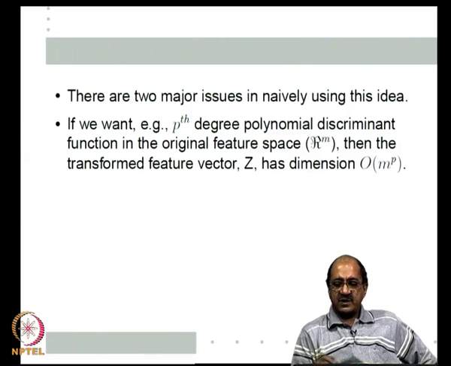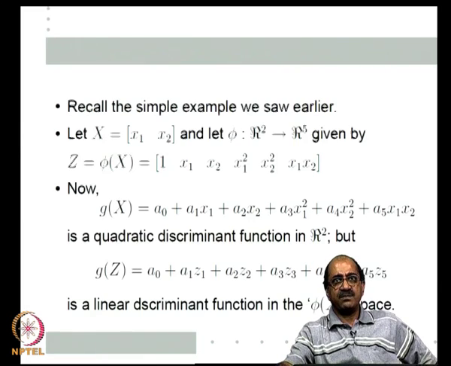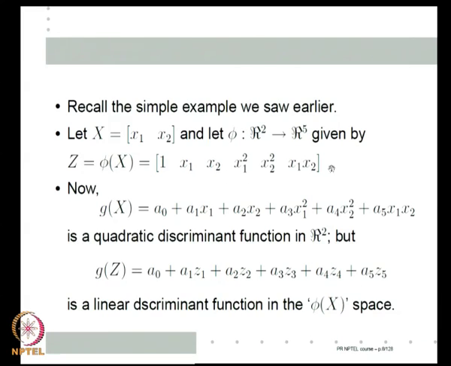What is the problem? As we can see from the previous example, when I wanted quadratic, I need all quadratic terms in the components of z, right. So, I need x1 square, x2 square, x1 x2 and so on, right.